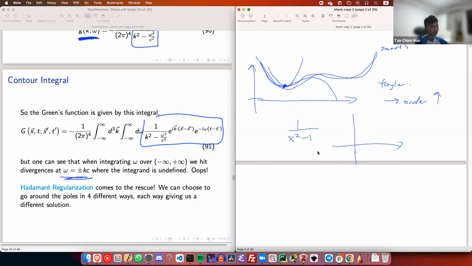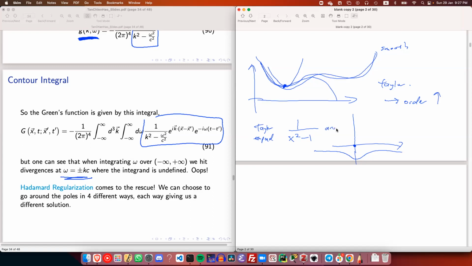For big values of x, it is near 0. It looks something like that, right? If you Taylor expand this around x equals 0, note it is undefined at x equals 1.